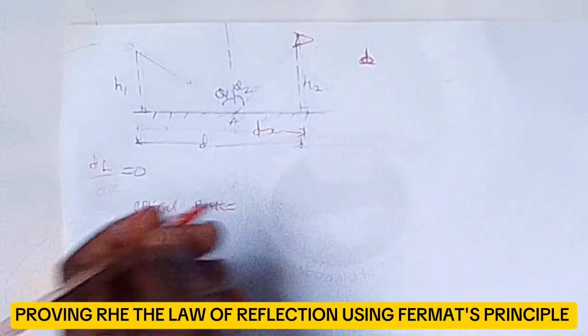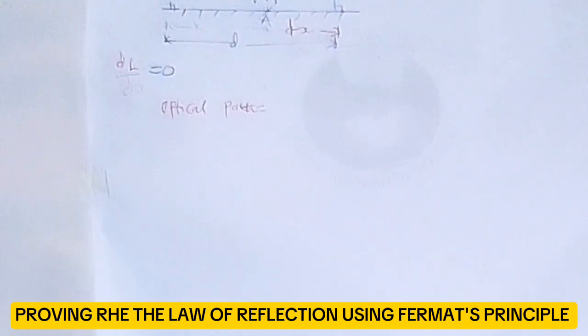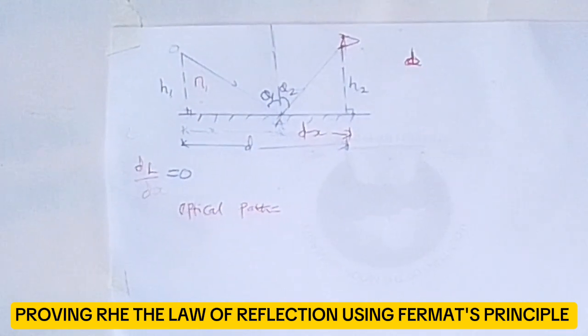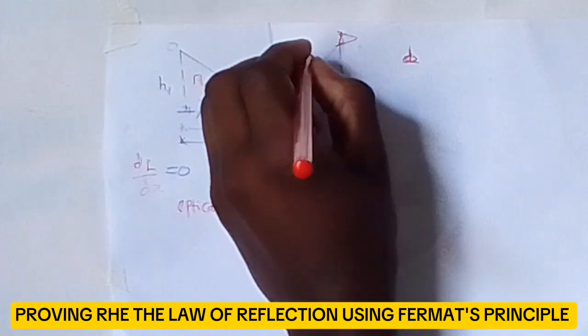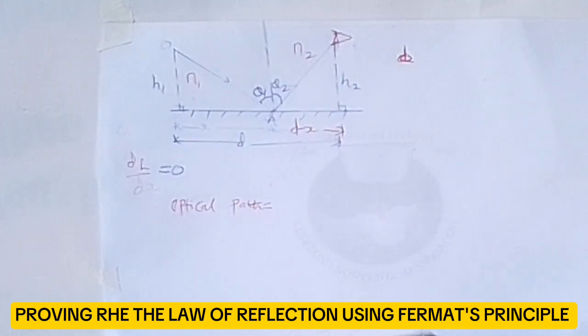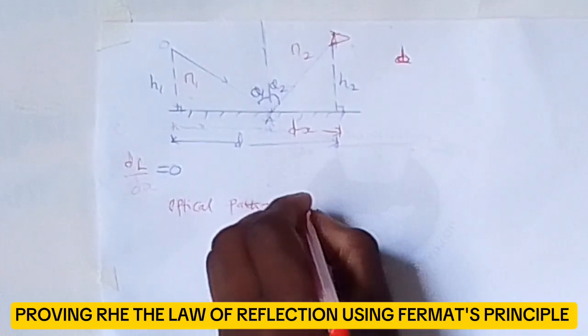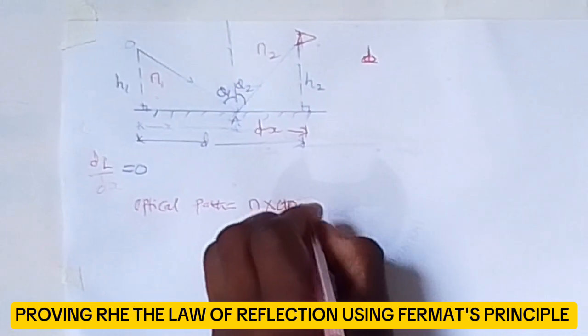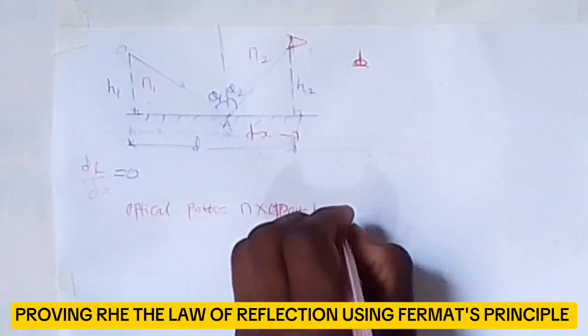Now to get the optical path, we shall get the refractive index. For example, suppose this is N1, the refractive index at that point, and maybe this is N2. So we shall multiply the refractive index times the optical path, or you can call it path length.